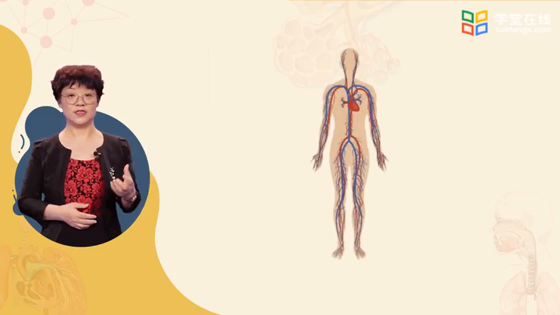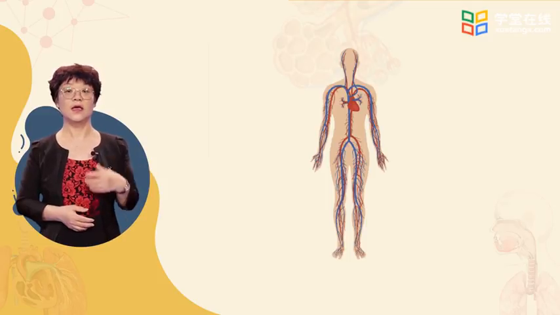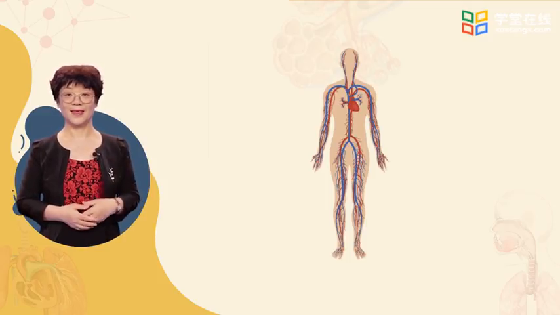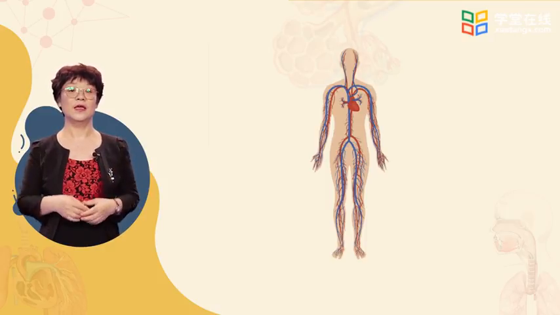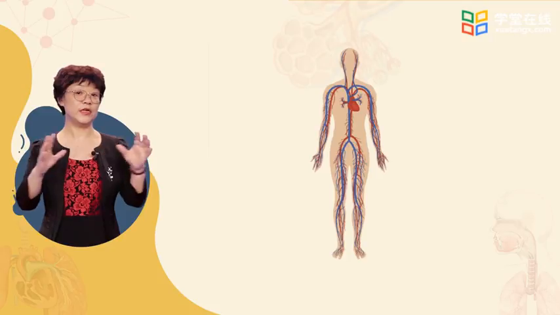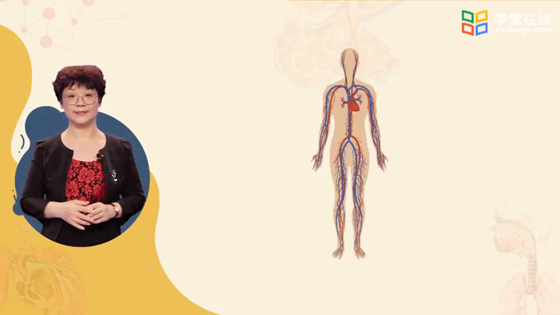The cardiovascular system includes the heart and blood vessels. The heart functions as a pump to drive blood into the blood vessels distributed throughout the whole body.